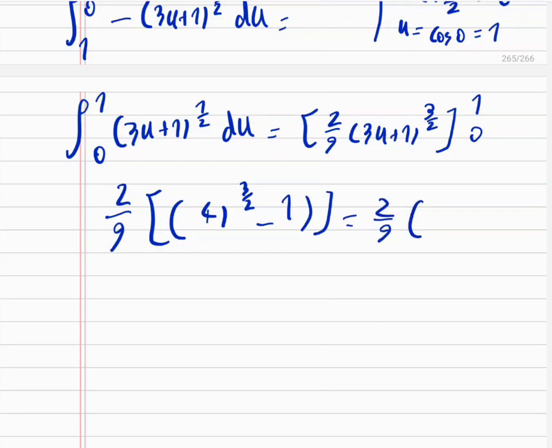Okay, so 2 over 9 and then 4 to the power of 3 over 2. So 4 cubed is 64 and the square root of that is 8, minus 1, which is 7. So we get 14 over 9.